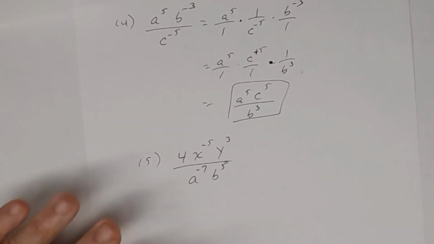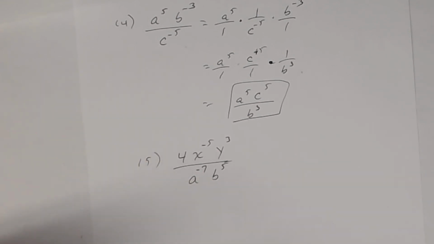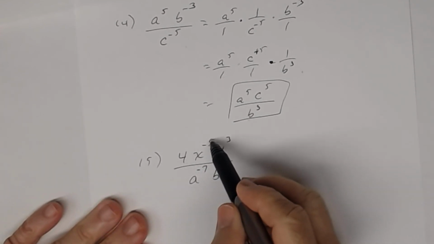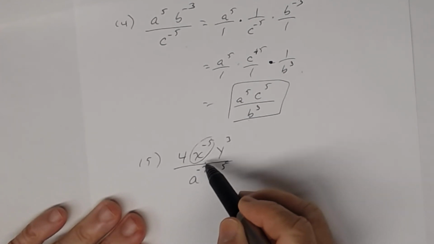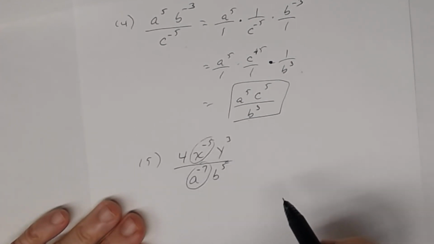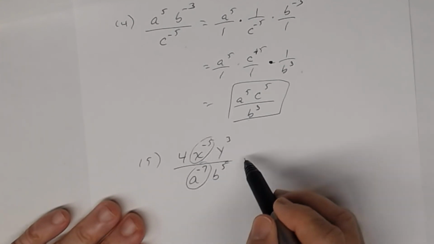So notice that there are no like bases here, so you can't use those properties, but you do have negative exponents, and you want to try and make those negative exponents positive. So you want the answer to have positive exponents. This expression here has a negative exponent, and this expression here has a negative exponent. All the others do not, so they stay where they are.